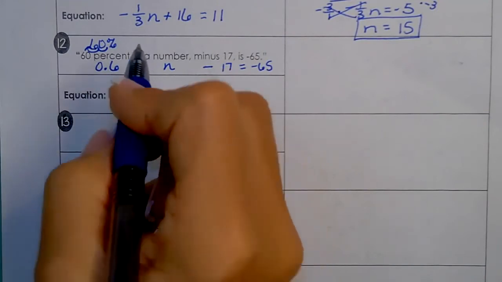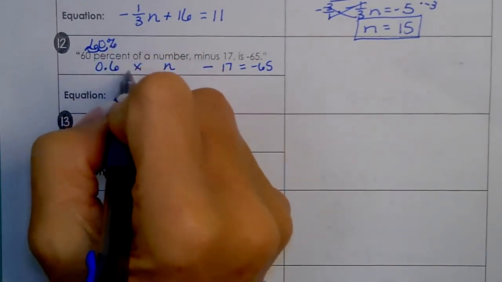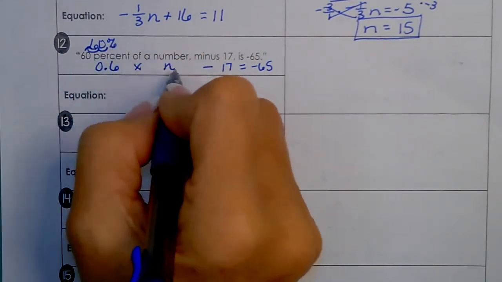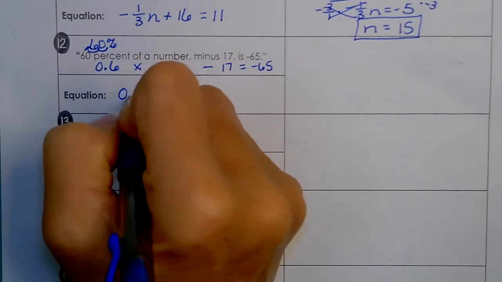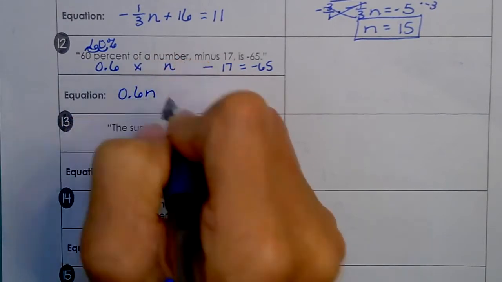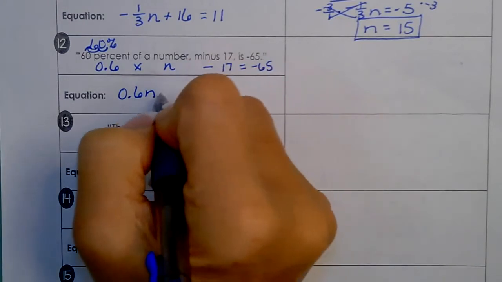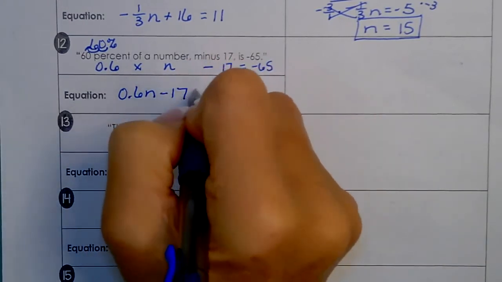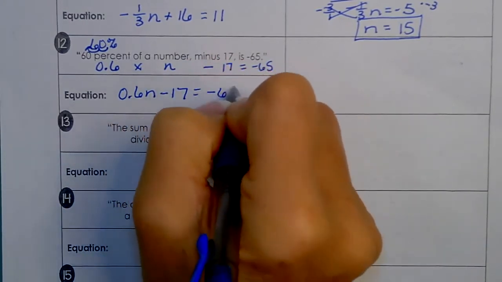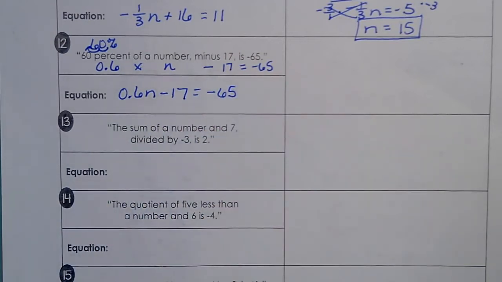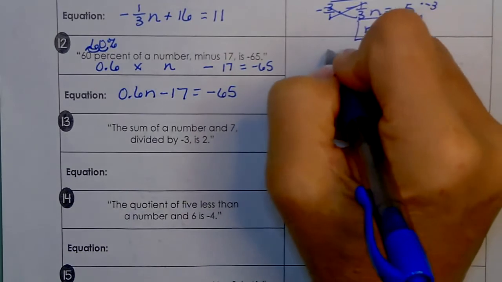So let's put that together now. 60% of a number would be written 0.6n minus 17 equals negative 65. All right.